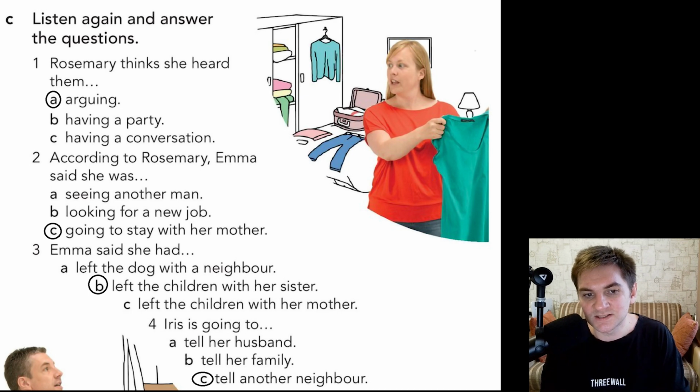Emma said she had left the children with her sister. And number 4, Iris is going to tell another neighbor, so she mentioned number 14. It was the number of the flat. So Iris is going to share this story with another neighbor and not with her husband or her family and so on. I hope you got it.